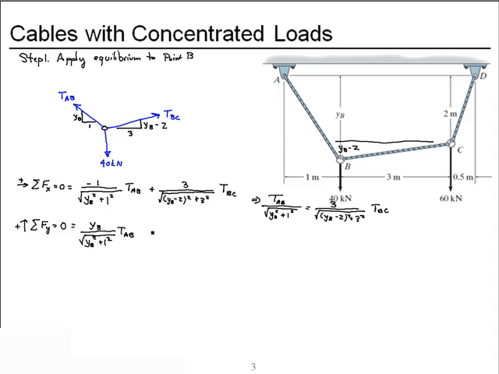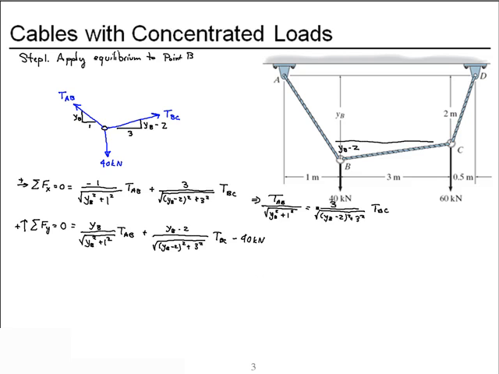We have the vertical piece from the tension in BC, and that's YB minus 2 over that hypotenuse. And we have the downward applied force.